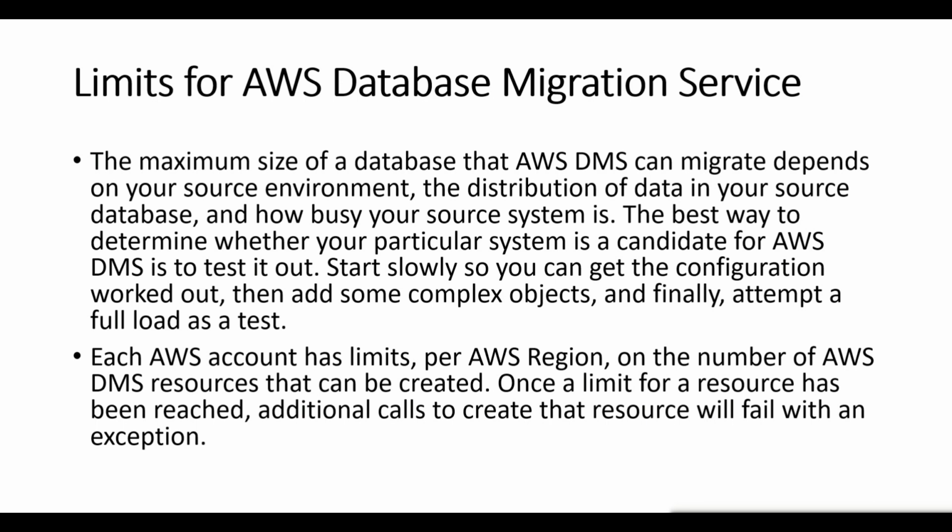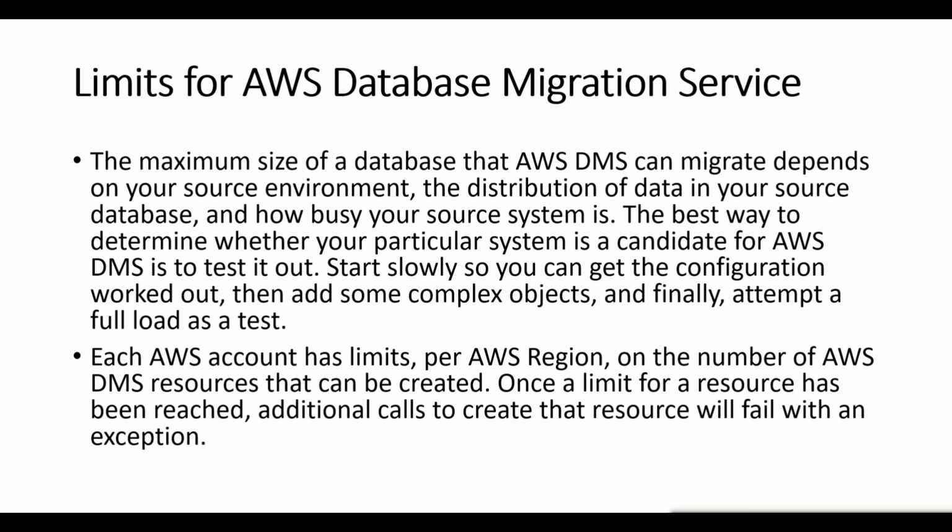There are limitations of AWS DMS. The maximum size of the database that can migrate depends on your source environment, the distribution of data in your source database, and how busy your system is. The best way to determine whether your particular system is a candidate for AWS DMS is to test it out.